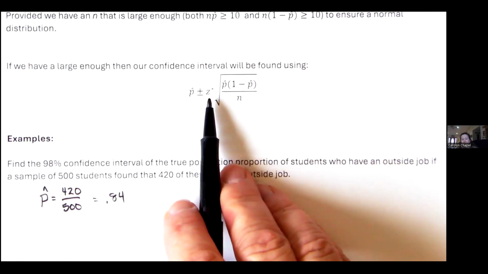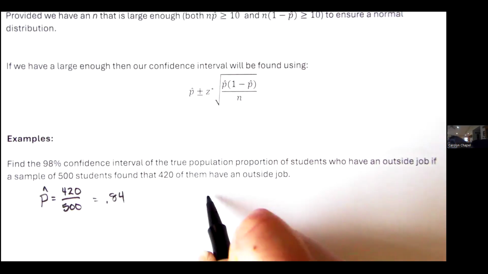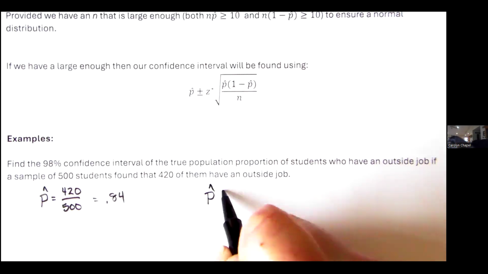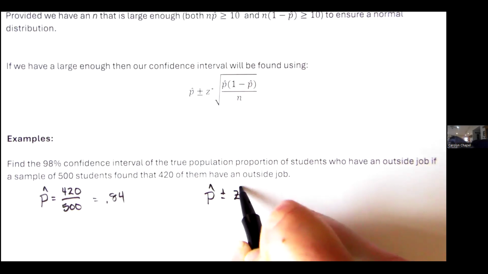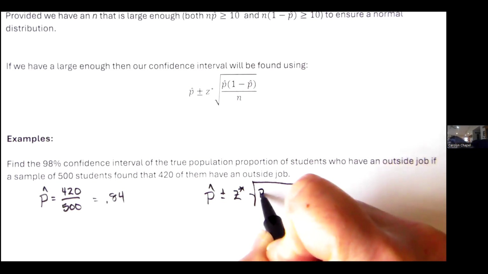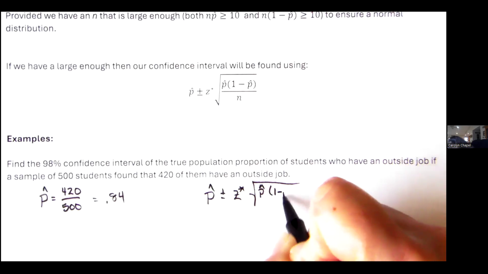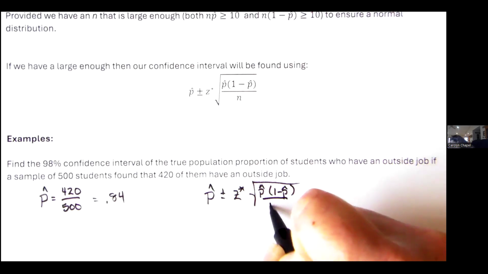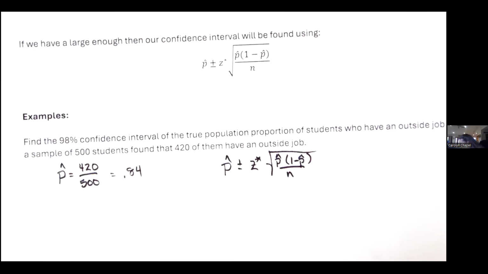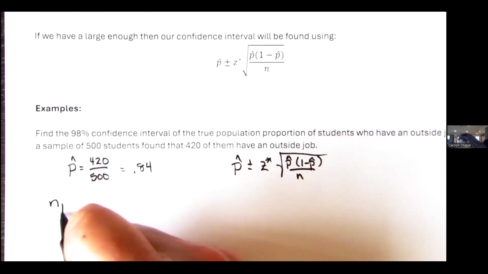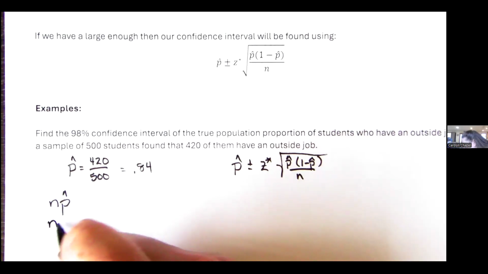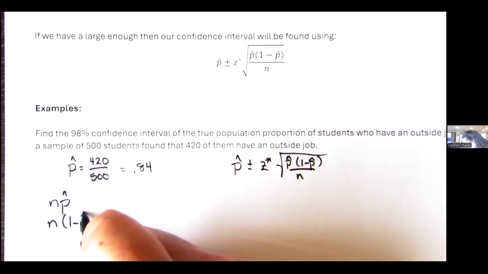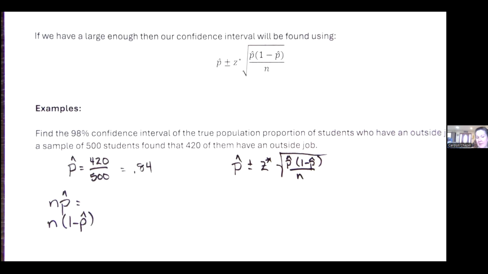So I also need my Z star. I'm going to put my formula in here, but I also want to make sure I can use this, because I want to make sure we have the normal curve. So I'm going to look at N times P hat and N times 1 minus P hat, making sure they're bigger than 10.